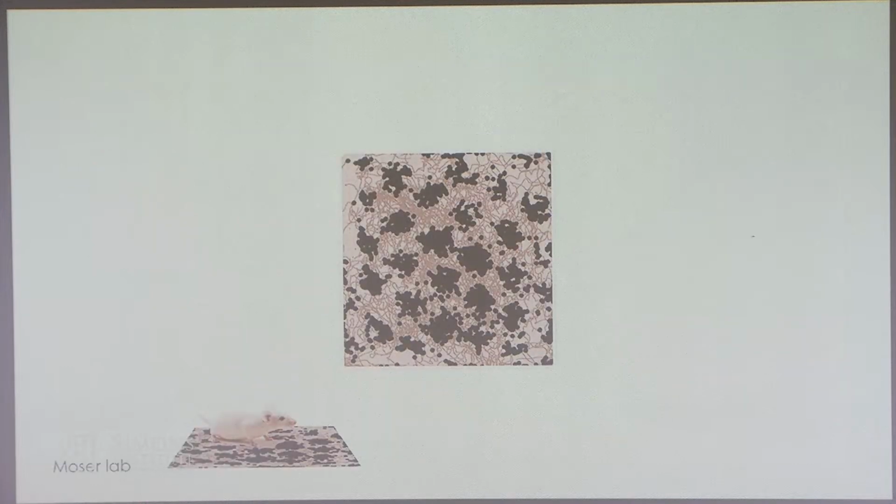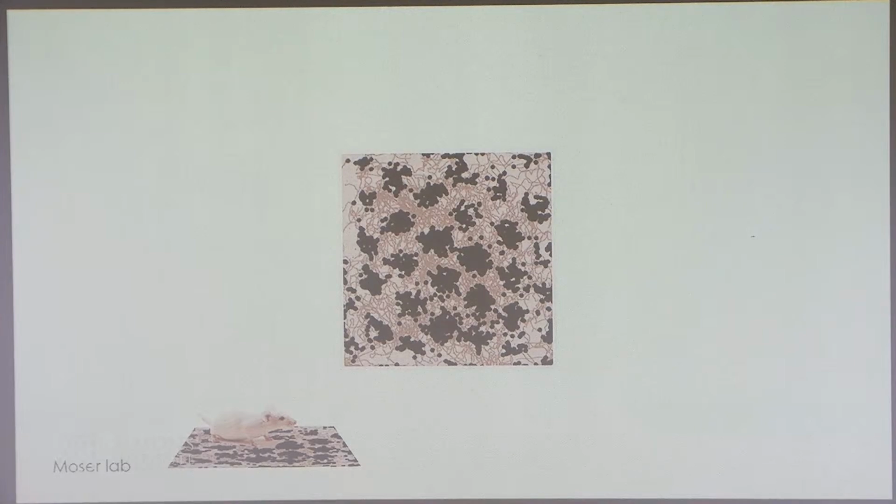Now, here is a beautiful example of a grid cell. It was recorded in the Moser's lab. And it's a top view of a box where a rat is running around. And in black, you can see all the places where a single grid cell fired in space.